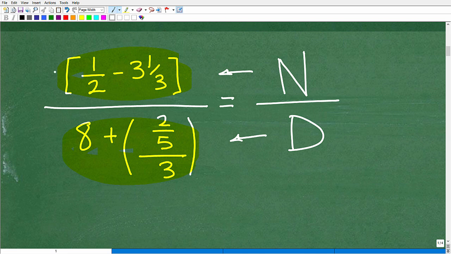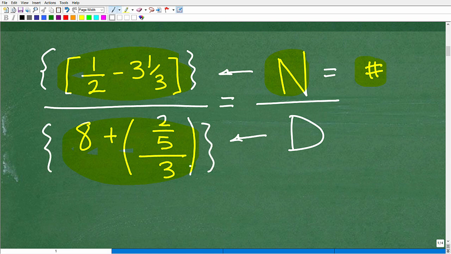What we want to do is do all this work, okay, and get some sort of number, and that can either be a whole number, an integer, it could be a fraction, but we need to work on this and simplify this as one numerator, one value, and then we're going to do the same thing down here.